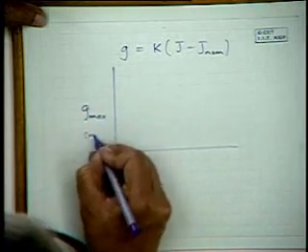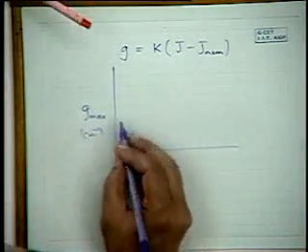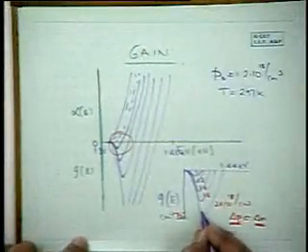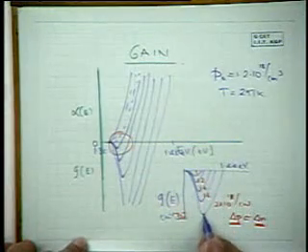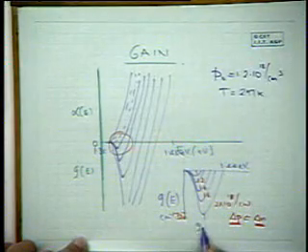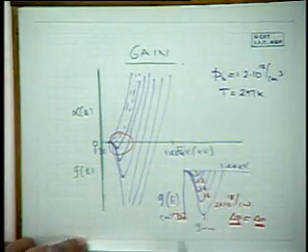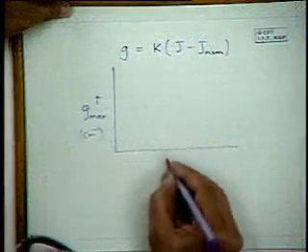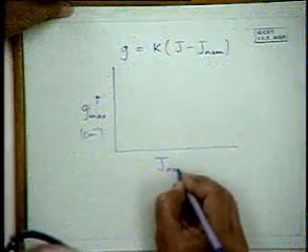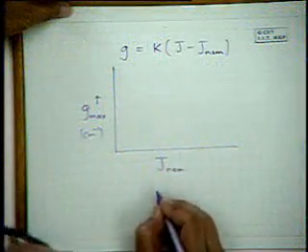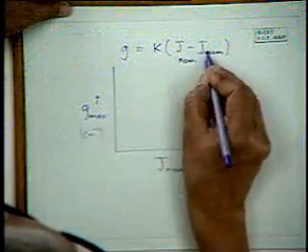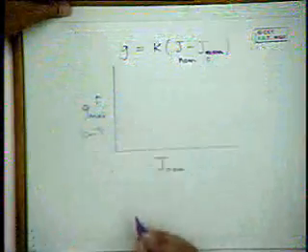how does G max vary? G max that I'm plotting here, G max is these values. This is G max, the peak of the gain curve. So how does that vary with J norm, I'm sorry, this is J norm minus J0.